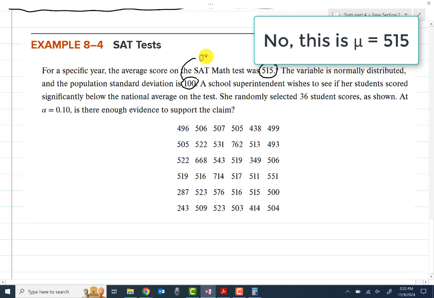A high school superintendent wishes to see if her students scored significantly below the national average on the test. So she randomly selected 36 student scores, that's n, as shown, at alpha equals 0.10. Is there enough evidence to support the claim?